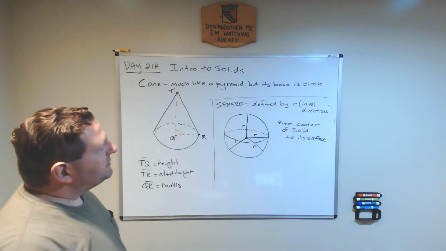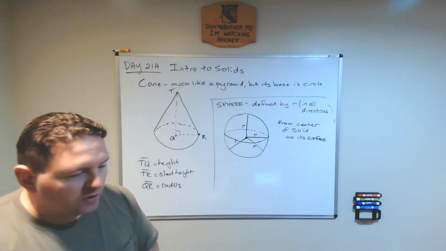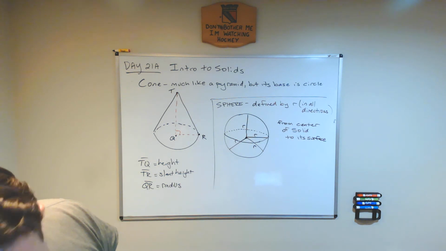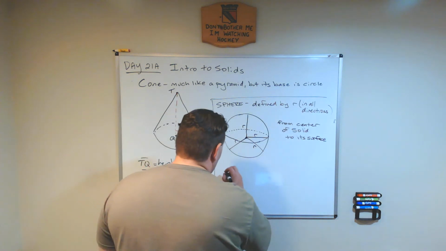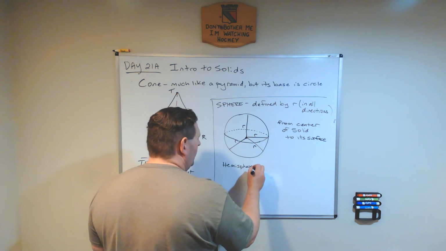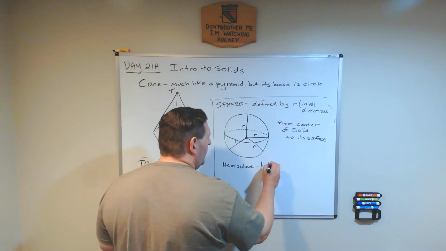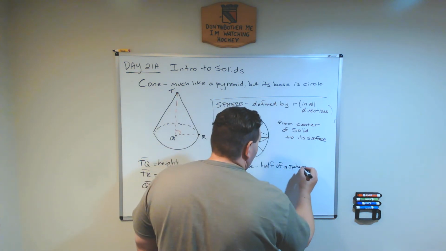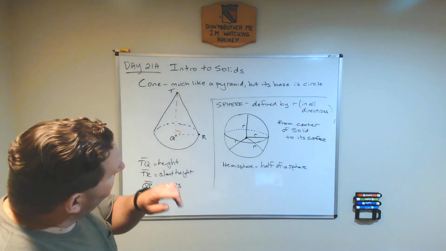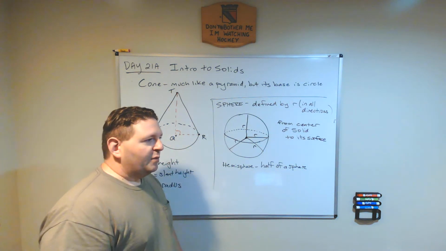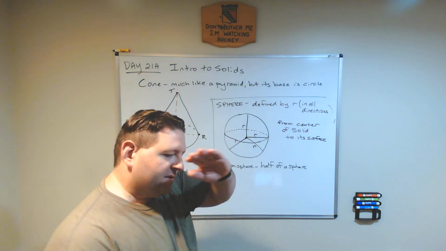And that is your sphere. Now a hemisphere, half a sphere, you kind of draw it the same idea, except you're going to start with, I'll just put hemisphere, half a sphere. So, you know, I was thinking of that game Fruit Ninja, right? Fruit Ninja, where you go like this.